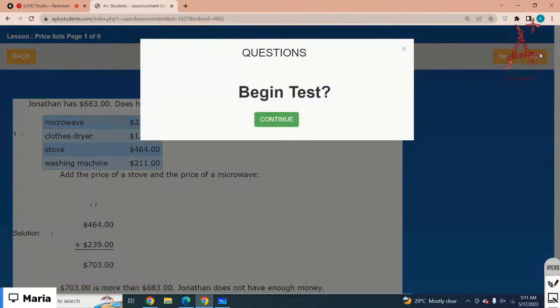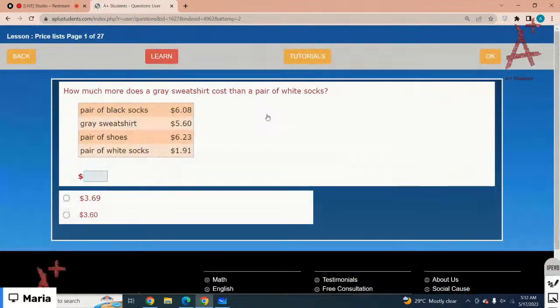Let's start with the test questions. Okay, how much more does a gray sweatshirt cost than a pair of white socks? The white socks are $1.91 and the gray sweatshirt is $5.60. Just subtract the cost of white socks from the sweatshirt.